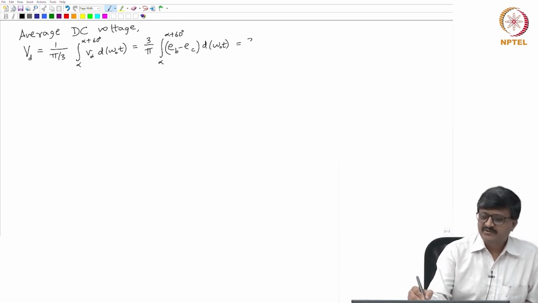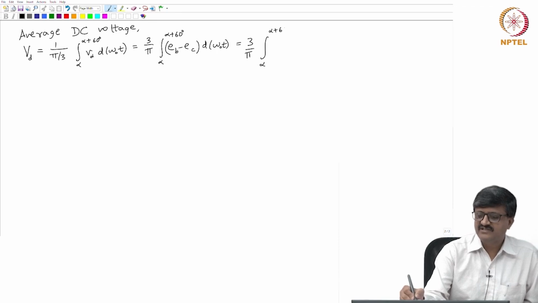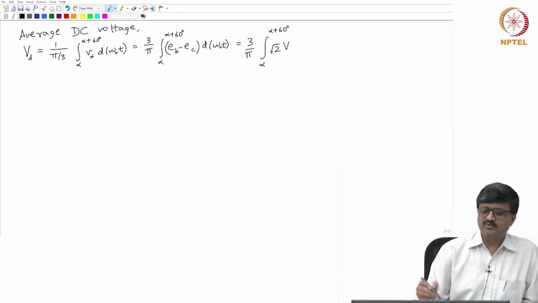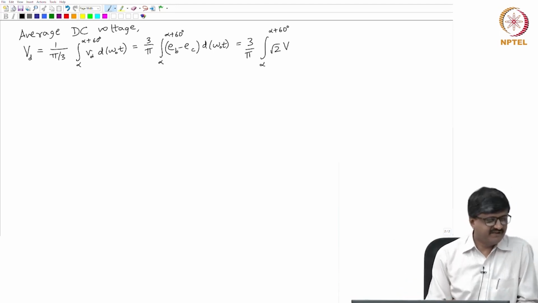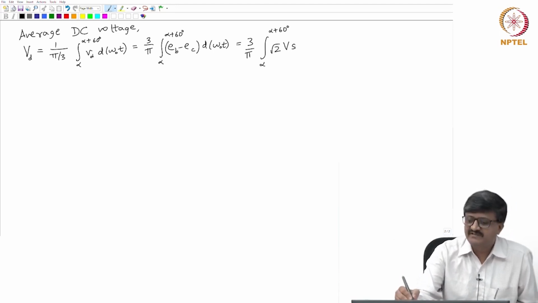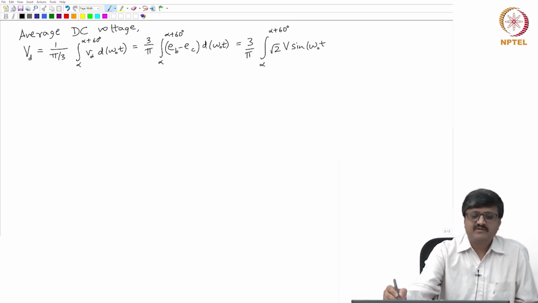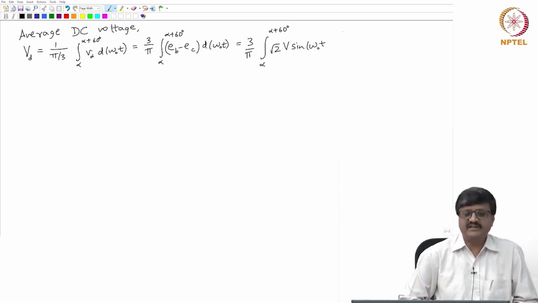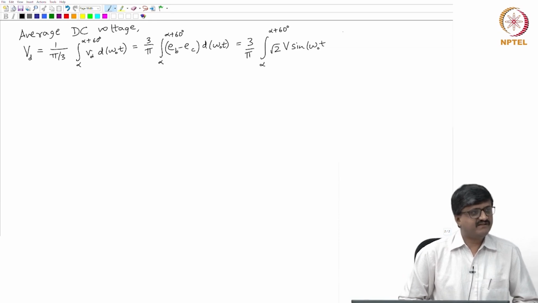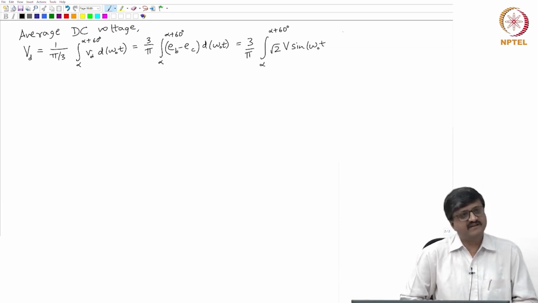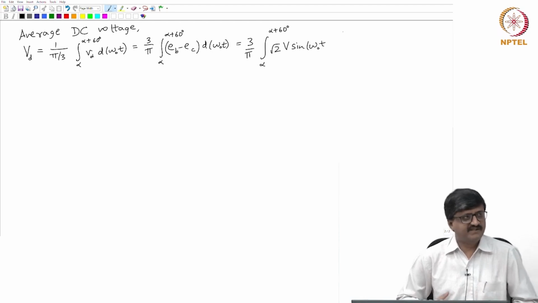So, this is equal to 3 by pi integral alpha to alpha plus 60 degrees, and of course, Eb minus Ec is root 2 V. From the expressions for Eb and Ec, I can get the expression for Eb minus Ec. It is sin of omega Ot plus a phase angle. Eb has a phase angle of 30, Ec has a phase angle of minus 90. So, minus Ec will have a phase angle of plus.